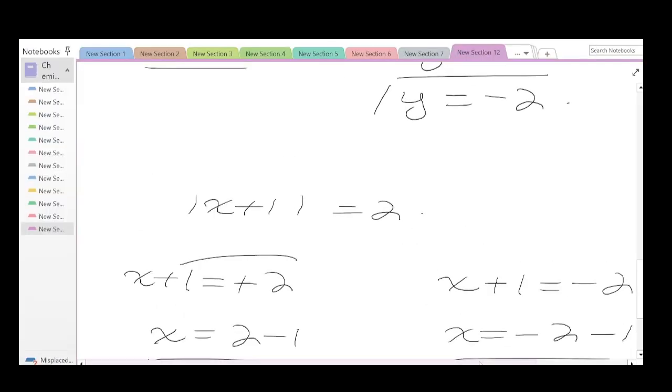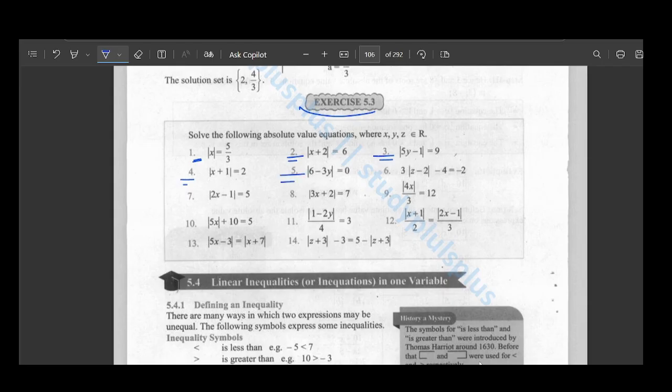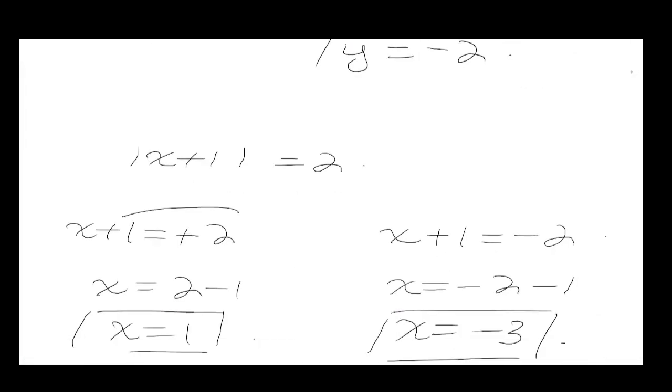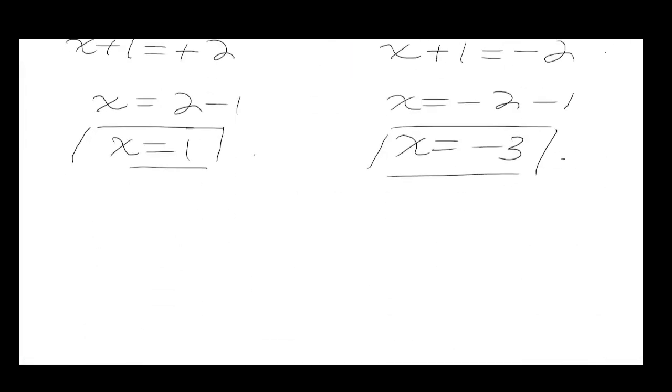Now let's move on. Here we have question number 5, which states that |6 - 3y| = 0. So look, when we have 0, 0 is a neutral value. It isn't positive, nor is it negative. So 6 minus 3y cannot be written as plus minus 0 or plus 0 or minus 0.